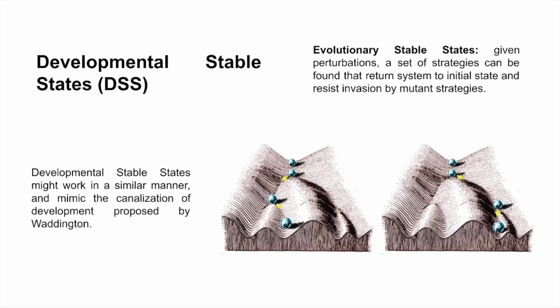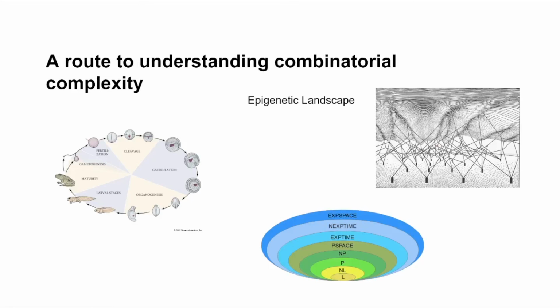In the developmental stable state case, it might work in a similar manner, and it might mimic the canalization of development, which was proposed by Conrad Waddington. On the right, you can see an example of the canalization of development: the ball rolling down this hill and into the channels, or canals, of this landscape. The idea is that developmental stable states would mimic this aspect of development.